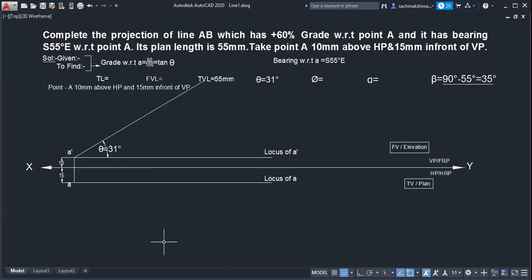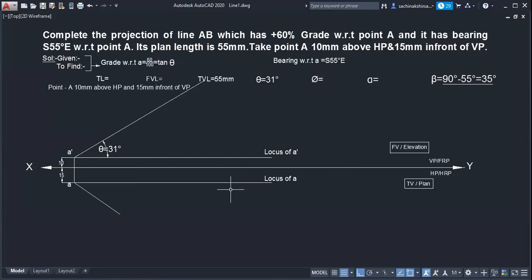Okay. Next, what can we do? Beta, 35. Along with beta, what can we mark? TVL. How much is TVL given? 55. And what is the value of beta? 35.